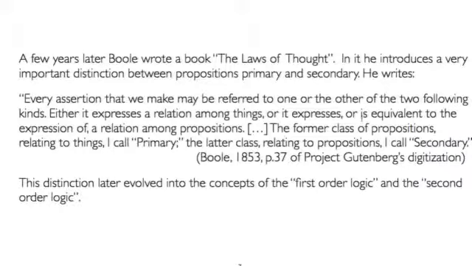The former class of propositions relating to things I call primary, the latter class relating to propositions I call secondary. And this is Boole 1853, and this is what later became first-order logic and second-order logic, and then, of course, higher-order logic. So somehow between The Mathematical Analysis of Logic, in these 6 years, he noticed that there is a difference and introduced this concept.